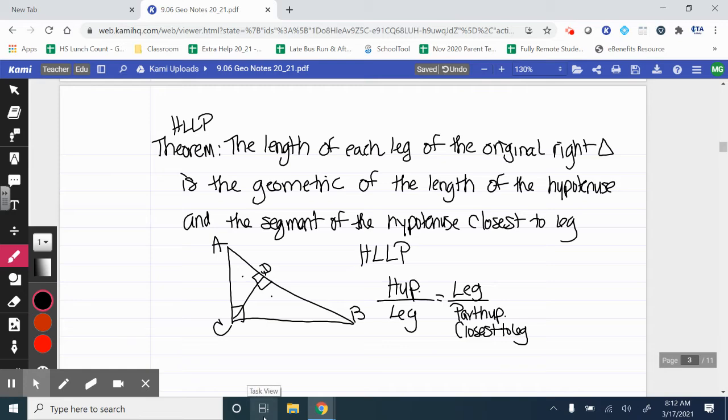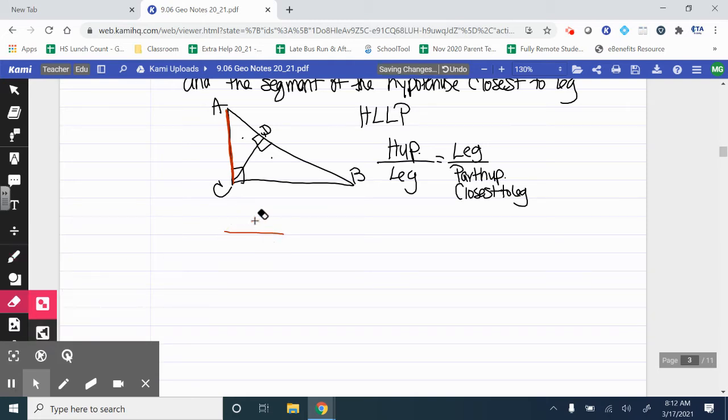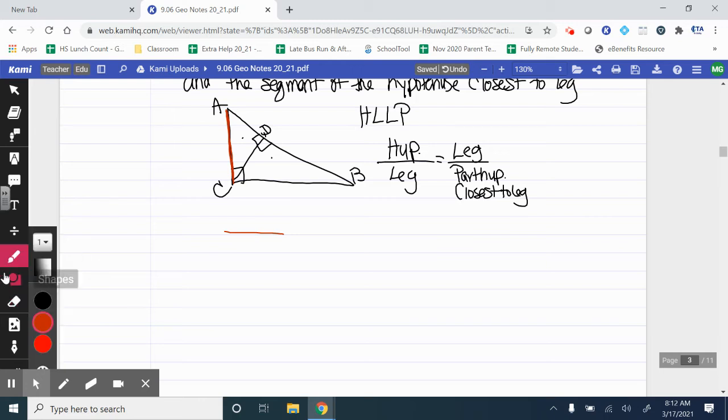If I wanted to set up the proportion for this one, I would take one of the legs. We want to start with the whole hypotenuse. So the whole hypotenuse is AB over the leg we're talking about, which is AC, equals that leg repeated, same value here.